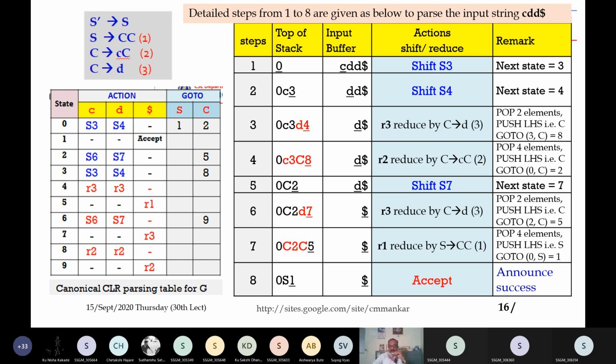And in the last column, the remark column, the steps are explained: how to compute GOTO, how to pop the items from the stack, and how to push the LHS of the production rule during the reduce action. Everything is explained there. So go through it calmly, take your time, read it 2 or 3 times, then you will understand. You will not need to read it a 4th time. Anyway, this was about the CLR parser.